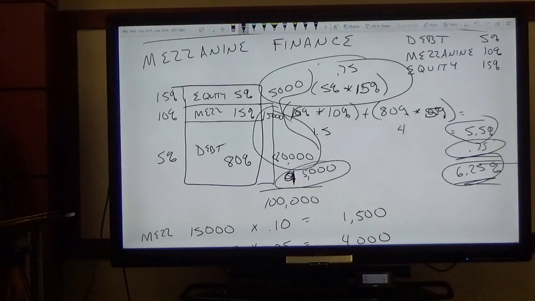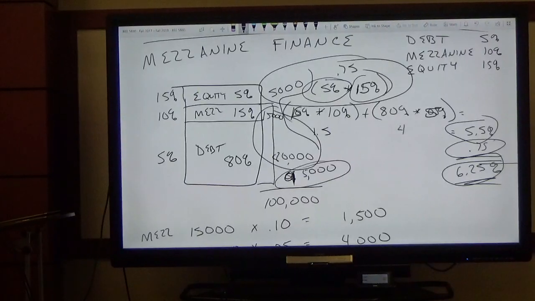So I mixed the two together. Your return on equity is, in this case, 15%, but it comprises 5% of the overall capital structure.